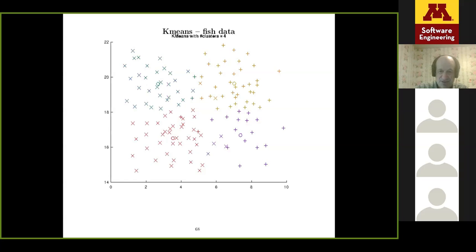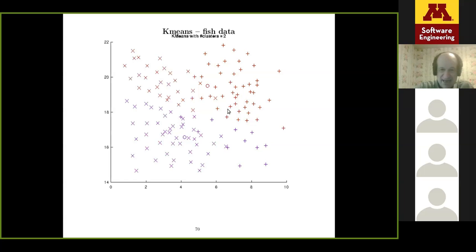And if I do 2 clusters, because I happen to know that there are only 2 kinds of fish, it's possible I could get a very good separation like I have here, with all the salmon colored purple and all the sea bass colored red, more or less. Or it could be very bad, like here, where the separator is actually more horizontal.